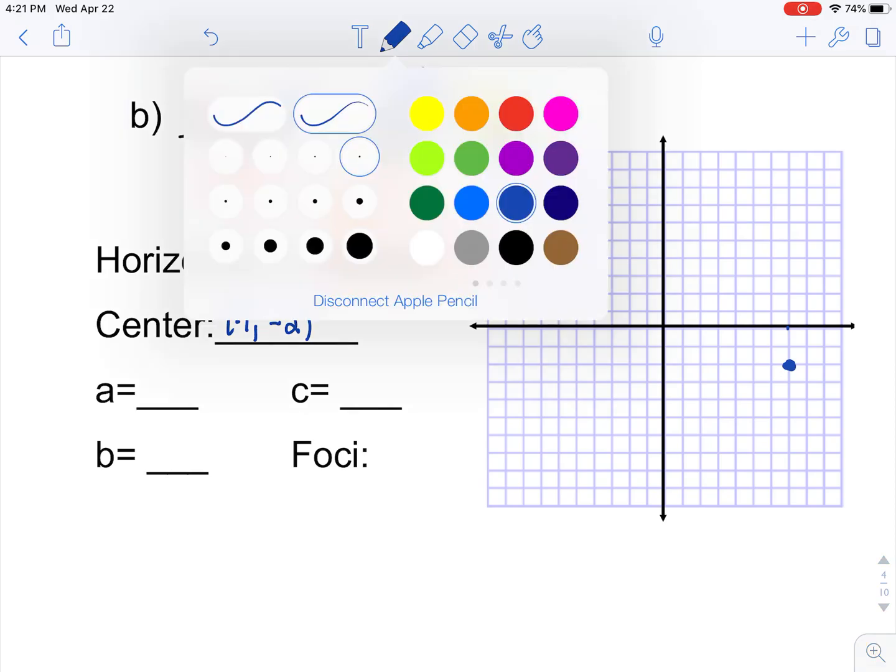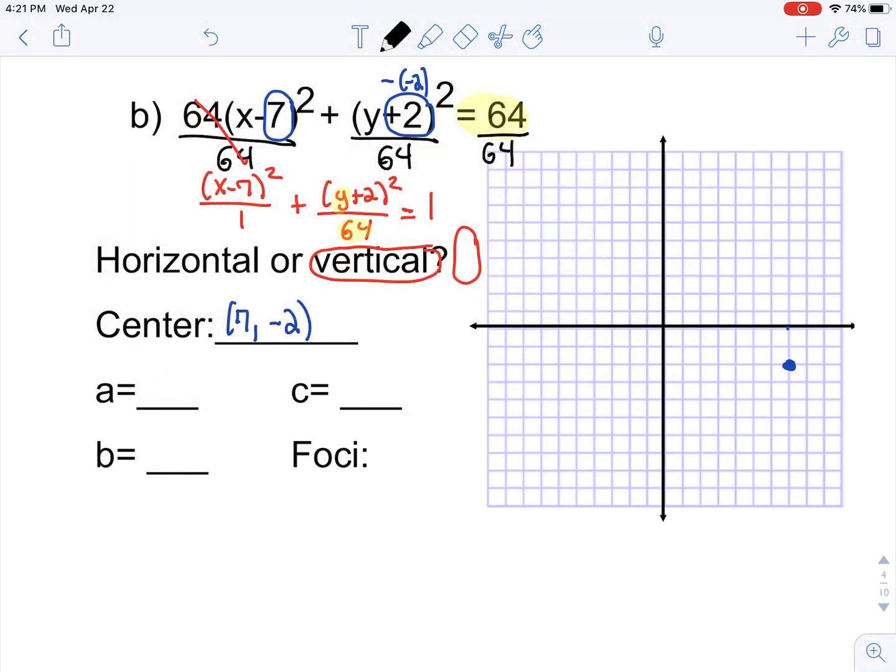Okay, very quickly, our A, B, and C values. Our A value is going to be that square root of 64, or 8. Our B value is the square root of 1, which is still 1. And for our C value, we do A squared minus B squared to get C squared. So our C value is the square root of 63.